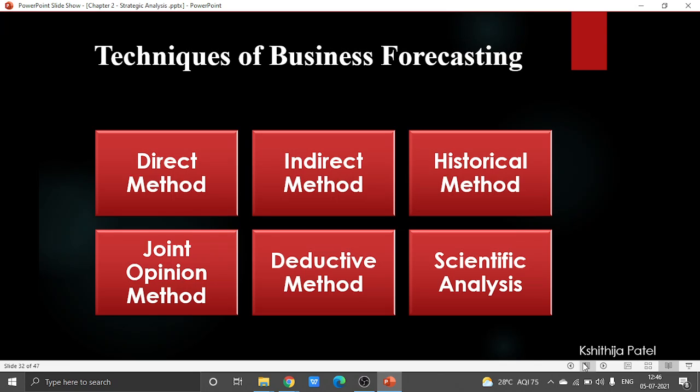Here forecasting is based on the assumption that the results obtained in the past in particular circumstances cannot be the base for the same circumstances which might happen in the future, because many factors change in the course of time due to changes in economic, social and political circumstances, and also due to the trade cycle.